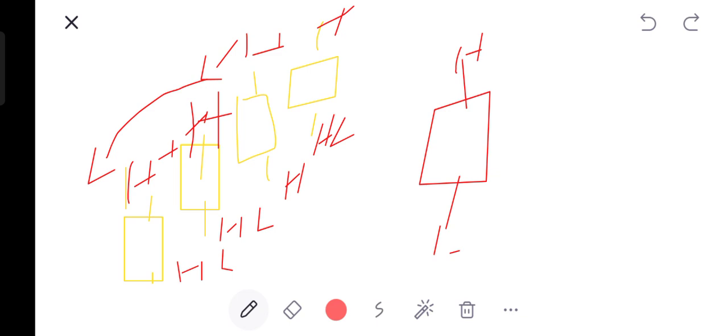That's how you check it, and it also applies with the lows here.